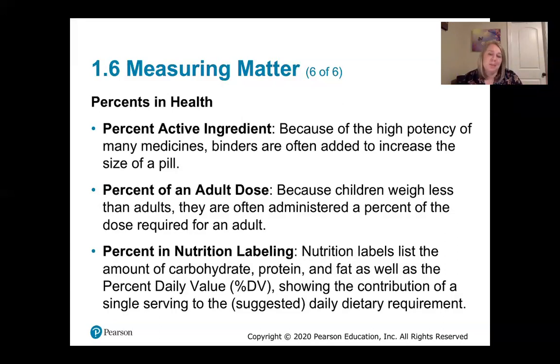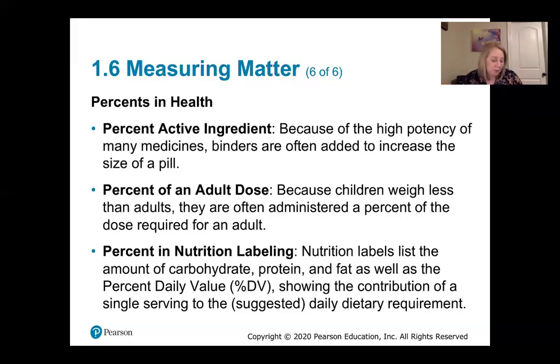Another time you're going to see percent is when you're talking about dosing a child, because you don't want to give a child the adult dose because their body weight is different. So they'll say, 50% of a normal adult dose is what you want to give the child, or something like that. And then you'll also see percent in nutritional labeling.